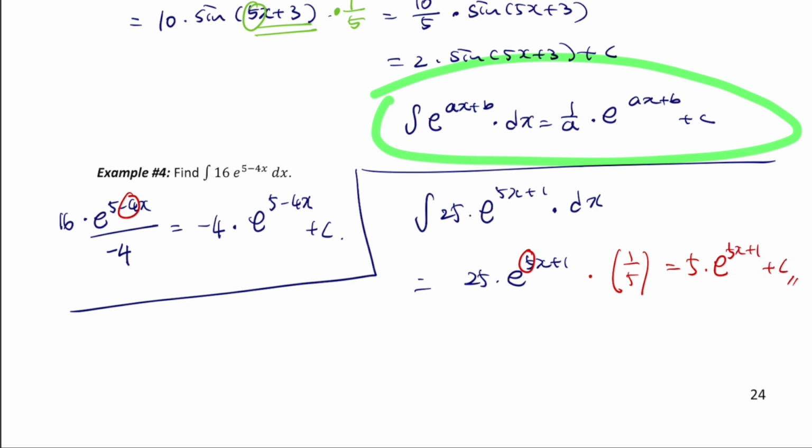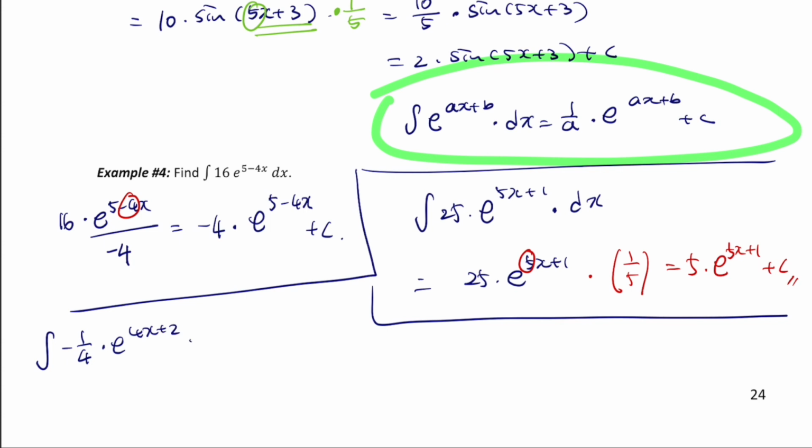Let's do another example. This time we need to integrate negative 1 over 4 times e to the power of 4x plus 2 times dx. In this case, same thing. We put that into e to the power of x plus 2, right?